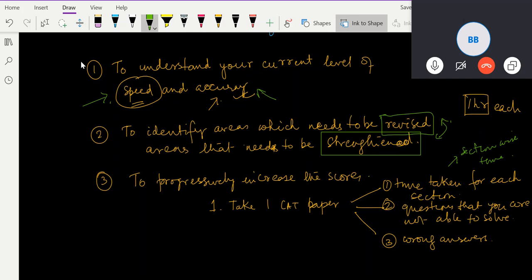This one will tell me the areas that need to be revised, plus there might be certain new things that you might not know as well. And this might happen because of two things. One is you got the question wrong, or you went wrong in the calculation or the logic.